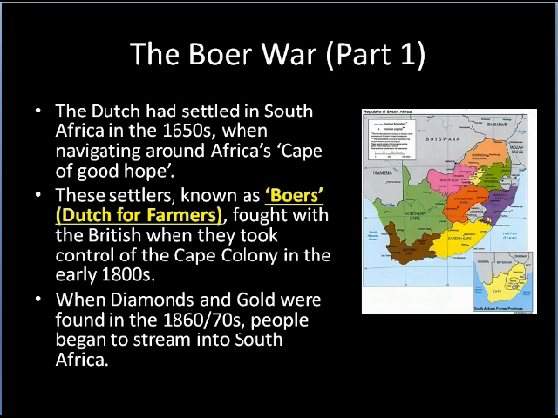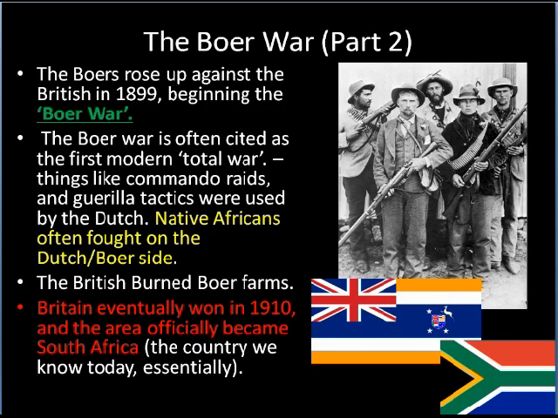And they fought with the British when they took control of the Cape Colony in the early 1800s from the Zulu. When diamonds and gold were found there in the 1860s and 70s, people began to stream into South Africa. It is interesting to note here that the Boers, of course, didn't live peacefully with the Zulu either. During a period called the Great Trek, the Boers moved north into the northern portion of what's now South Africa.